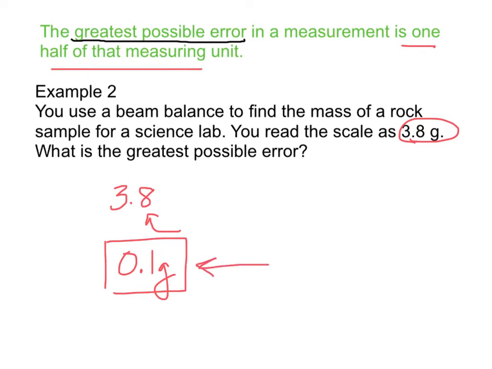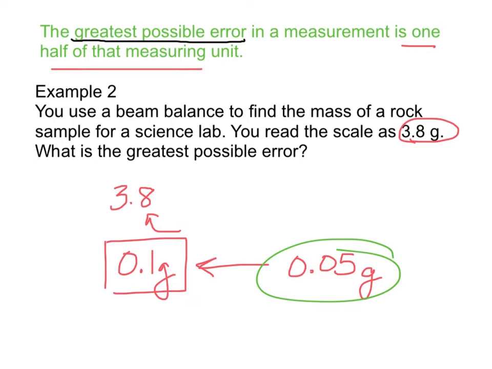Well, half of 1/10 is going to be half of 0.1, and half of 0.1 is 0.05 grams. So that's the greatest possible error. So this right here is your answer, 0.05.